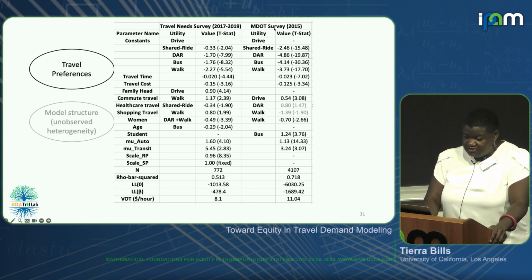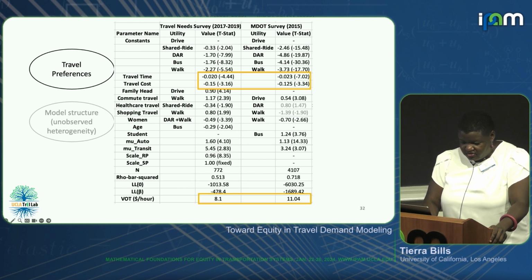And then a model estimated from the MDOT household travel survey for the region. And there are many differences, but we can summarize these in terms of the value of time. So we see that the values of time are quite different for these two samples. Again, this is our value of time for the travel needs survey versus the standard survey.